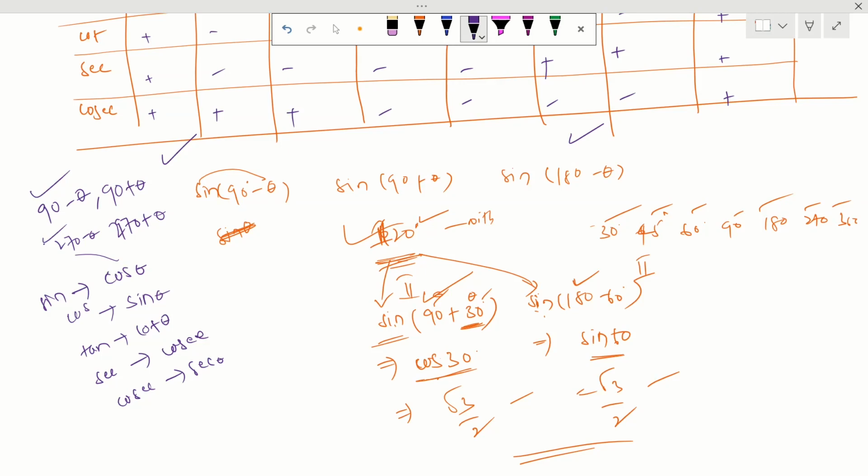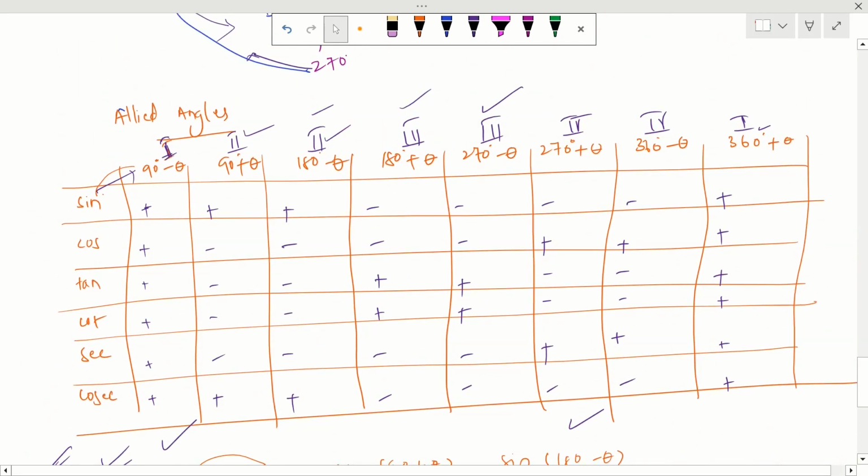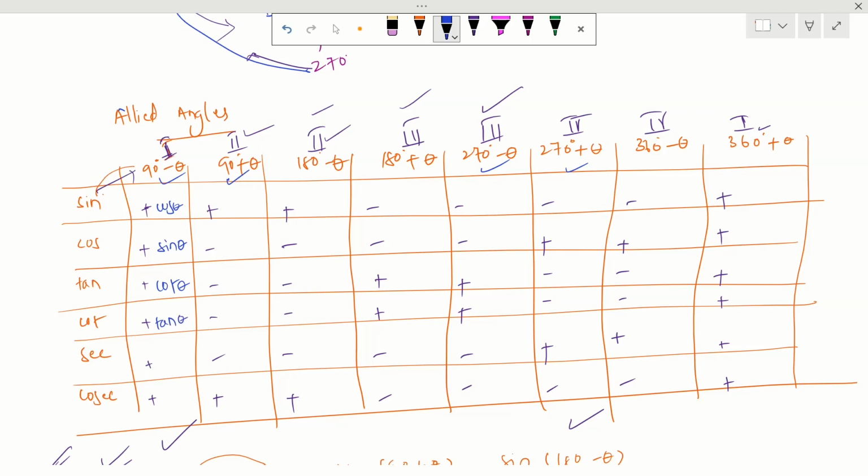In the case of 90 and 270, whether it is positive or negative, for 90 minus theta, 90 plus theta, 270 minus theta and 270 plus theta, sine will be converted into cos, cos into sine, tan into cot, cot into tan, secant into cosecant, and cosecant into secant.